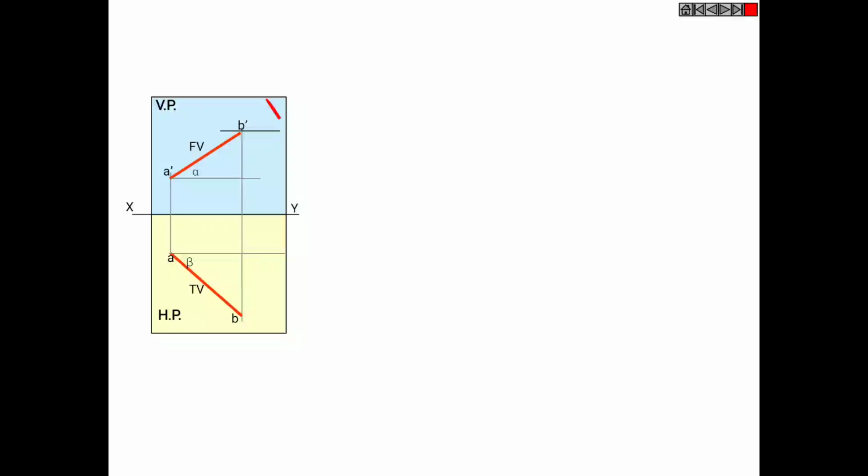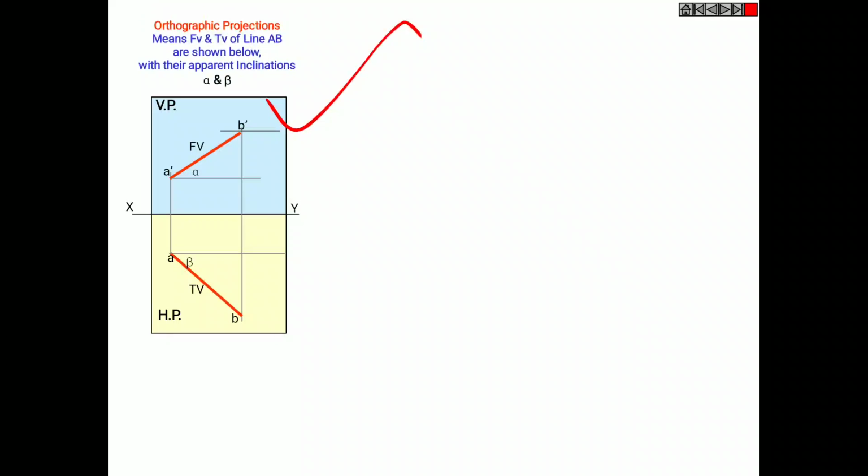So this will be an actual diagram. Orthographic projections means front view and top view of line AB are shown below with their apparent inclinations.